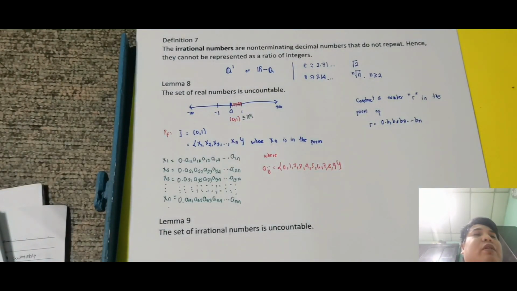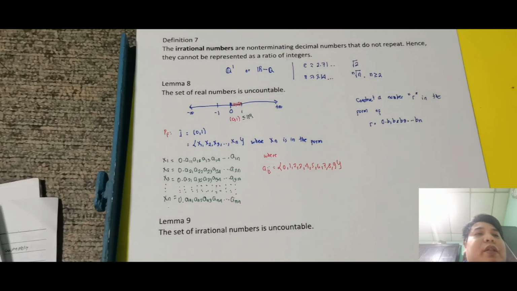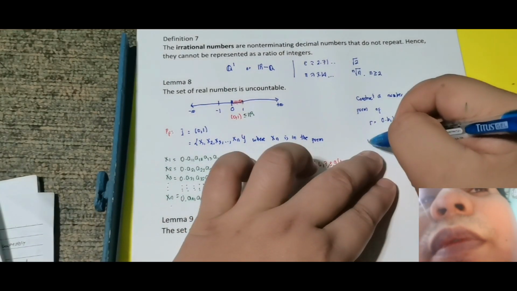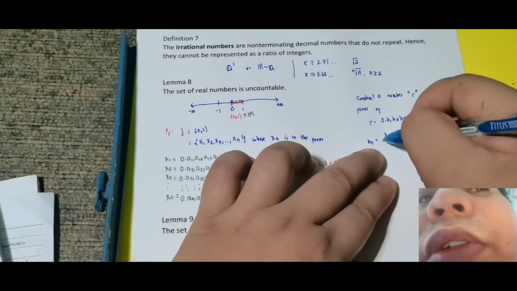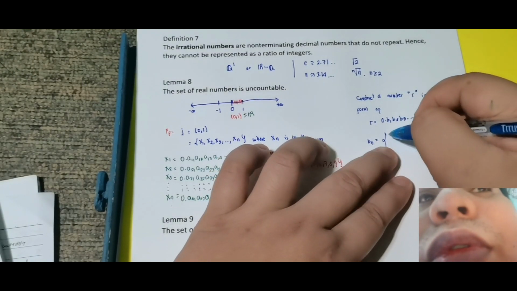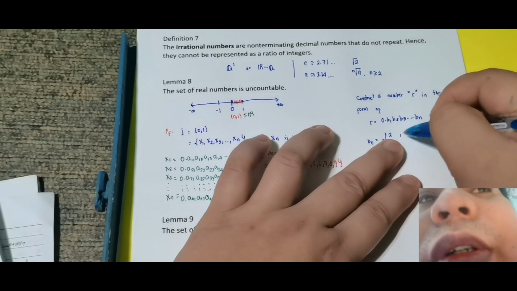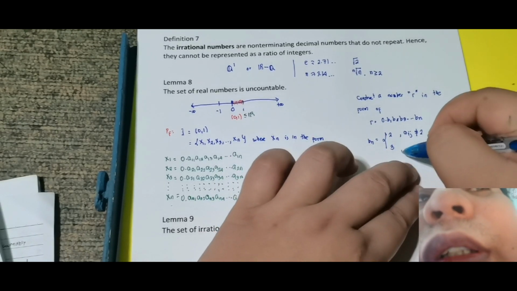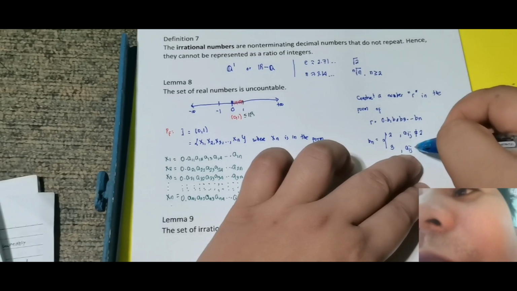So, gumawa lang ako ng number R in the form ng R is equal to 0.b1, b2, b3, b4, b5. Okay, so where b sub n is a piecewise function defined by 2 and 3, where a sub ij is not equal to 2 and a sub ij is equal to 2.